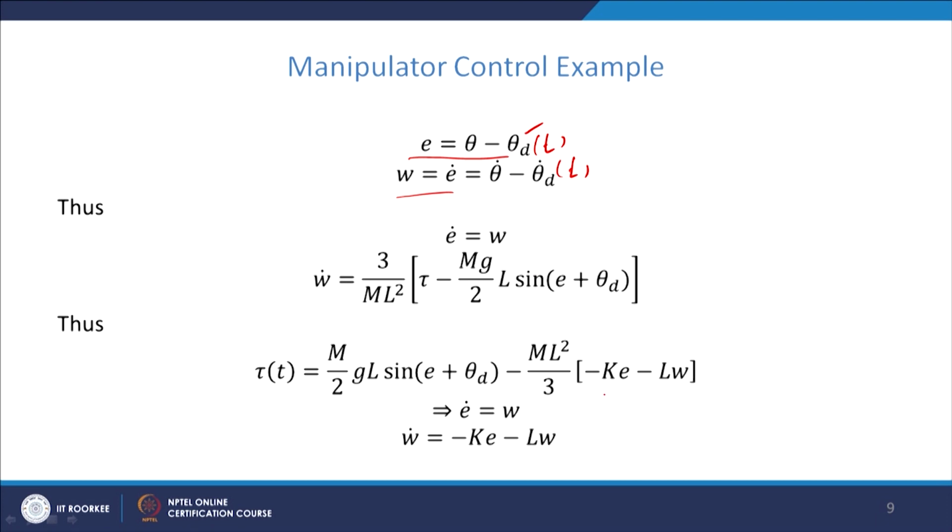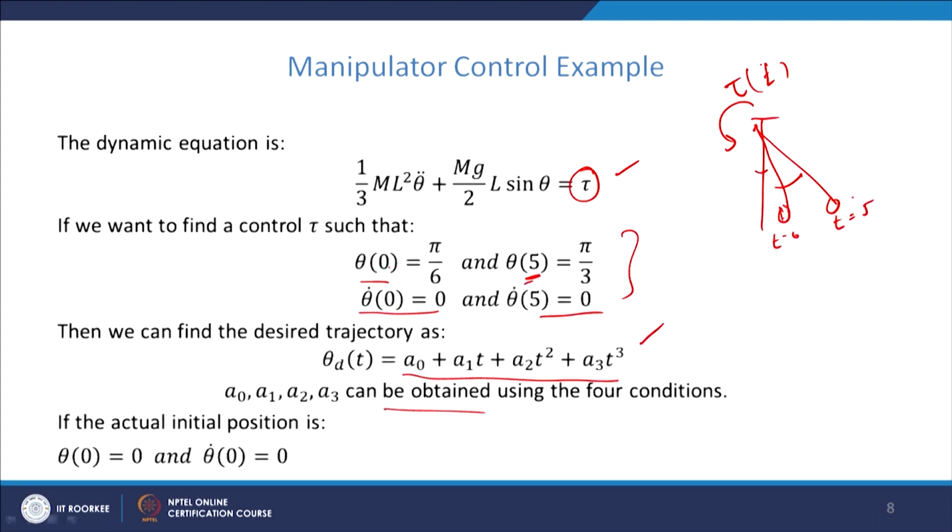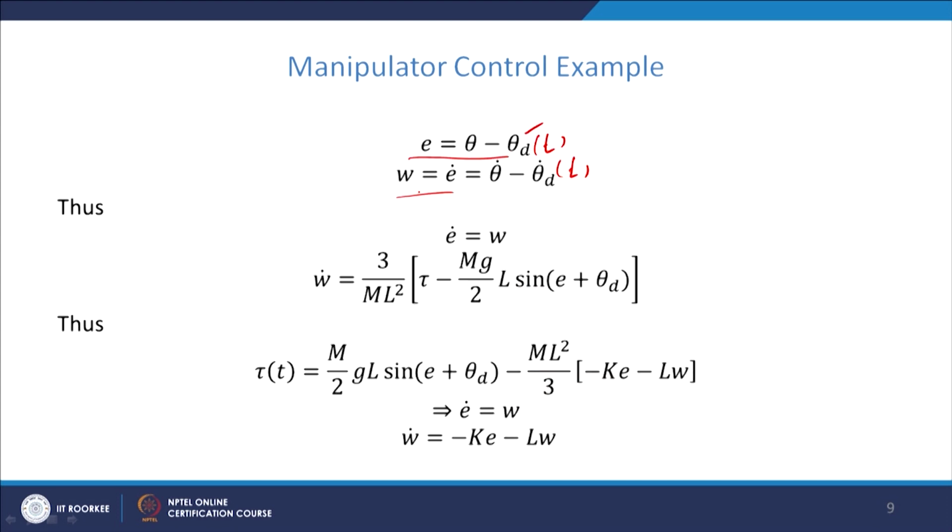So, W dot is given by this expression: 3 by m L square tau minus m g by 2 L sin of E plus theta d, that is coming from this equation. This is for theta double dot. I think we have to add this term also, because W is given by this minus theta d double dot of t. So, W dot is actually this term.